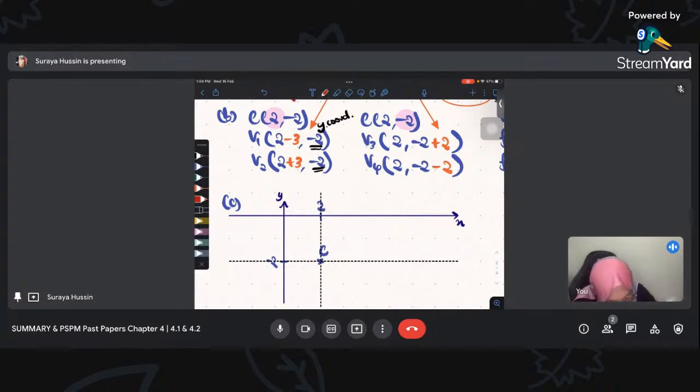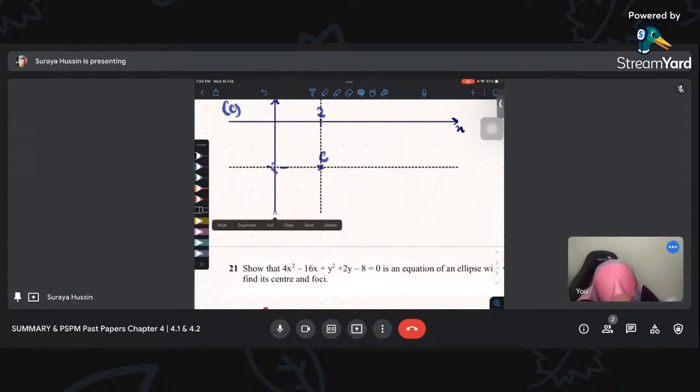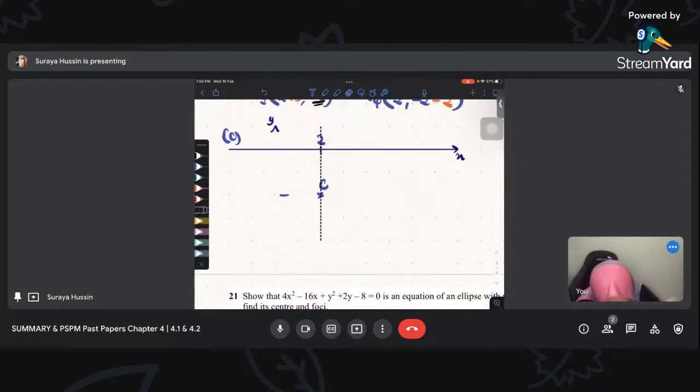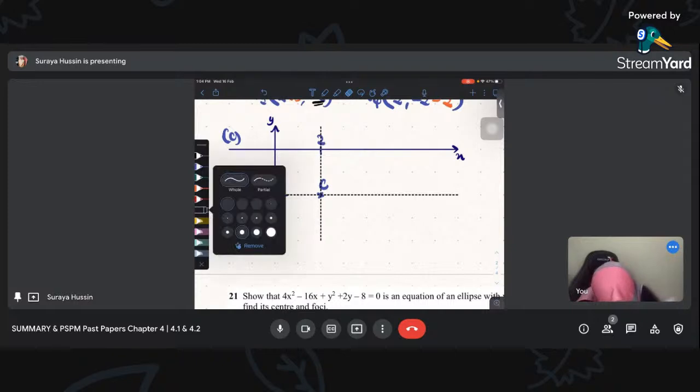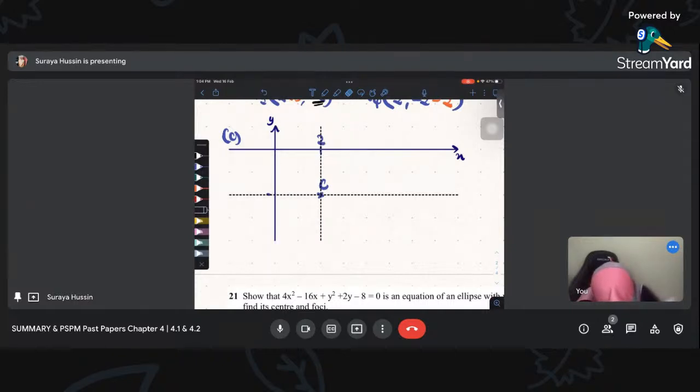So I can start to label. This is -1. You don't need to label very clearly. What you need to label in PSPM is V1.